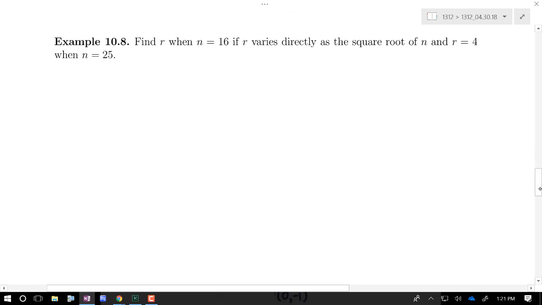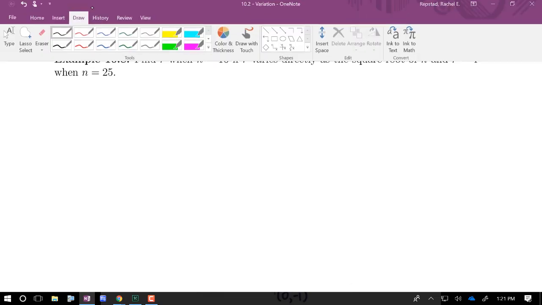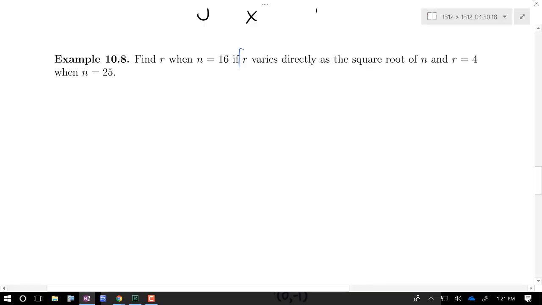How do we begin this problem? So you're looking at this part? Yep, and so what would that equation look like?